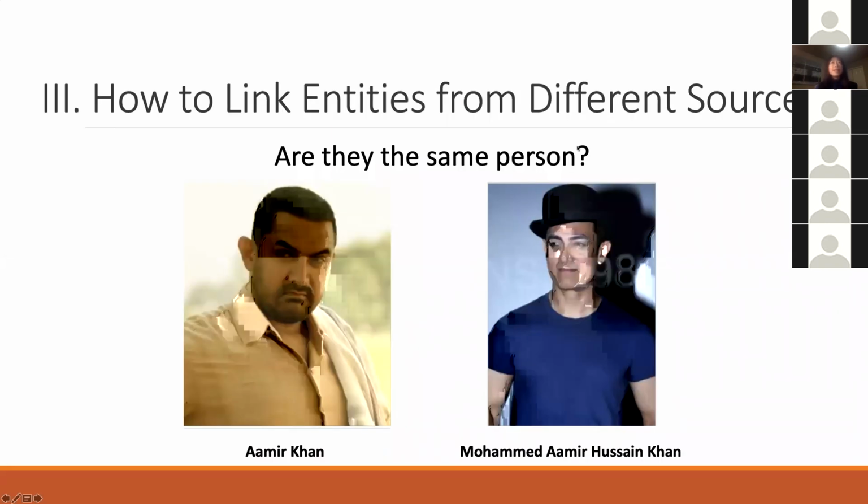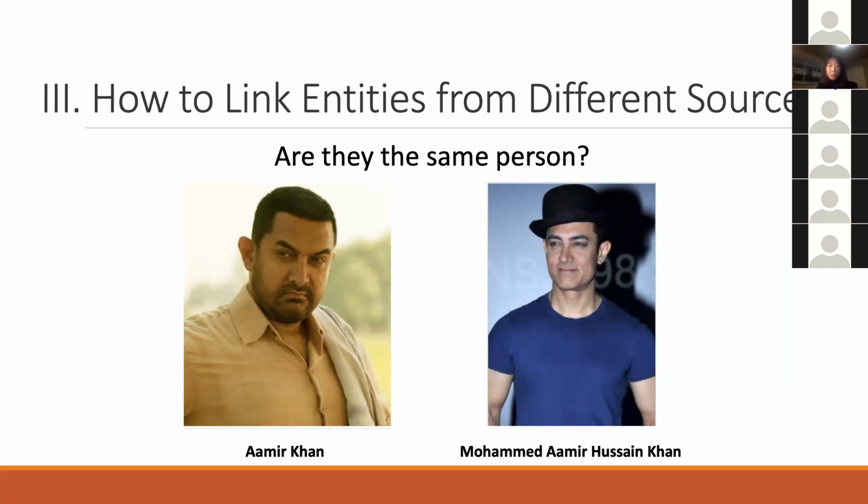So the next thing is, we talked about linking the relations. The next thing naturally is how to link the entities. How can we decide if these two are the same person? And this is entity linkage, the first technique I mentioned at the beginning of the talk. And as I said, we are able to solve this problem with very high precision and recall for two sources.